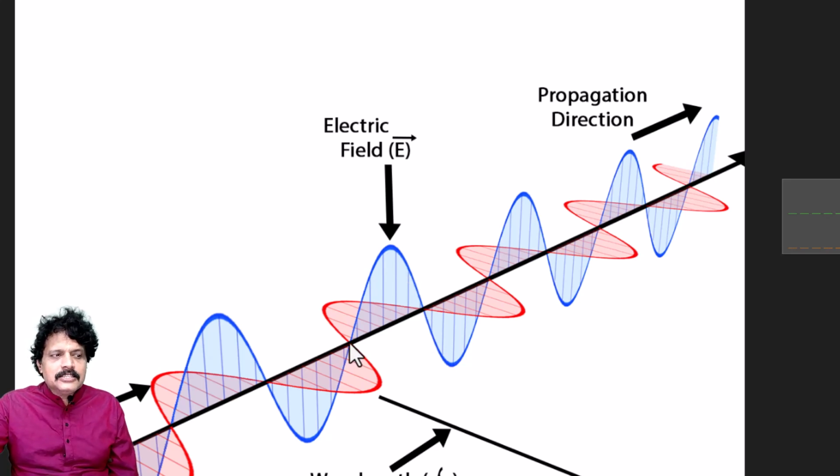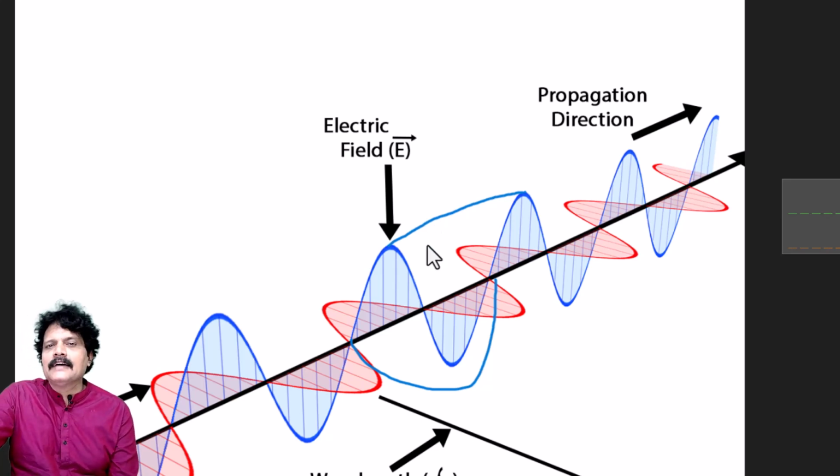And the distance between this 0 and this 0, or the distance between this peak and this peak, we call the wavelength.